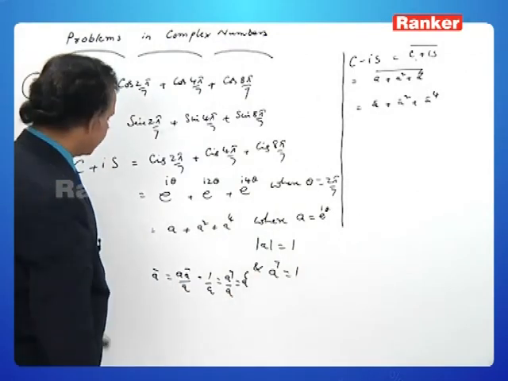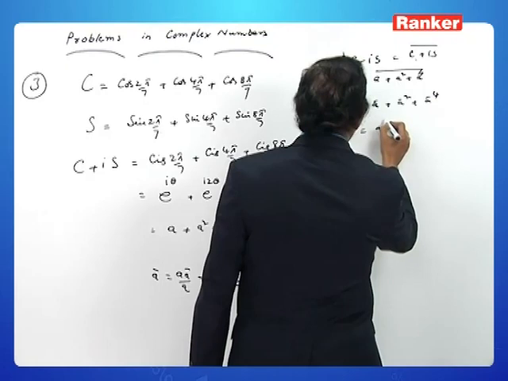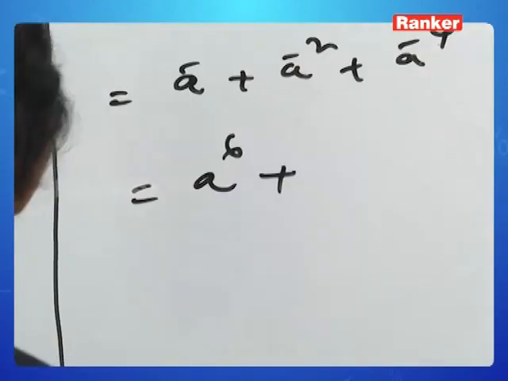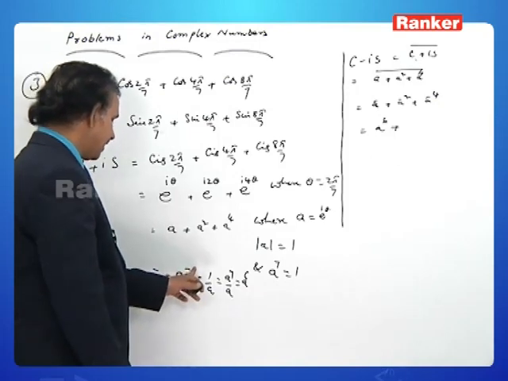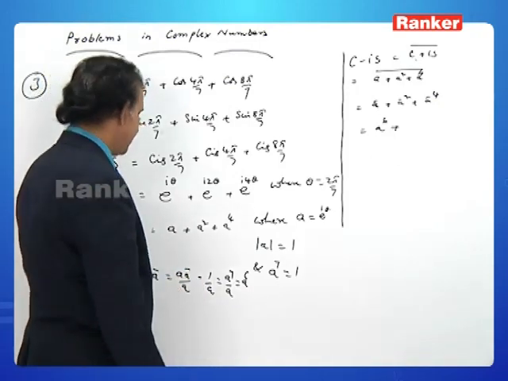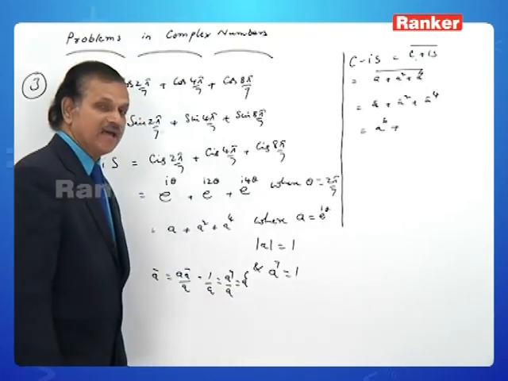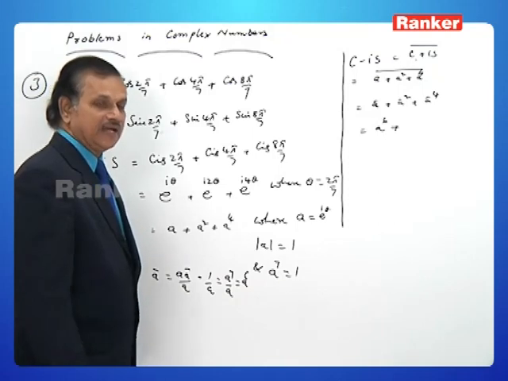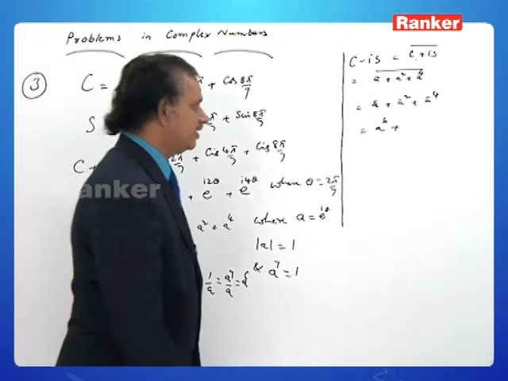In the place of a bar we can have a power 6. Then a bar square means a power 12. A power 12 is nothing but a power 7 into a power 5, that is a power 5.